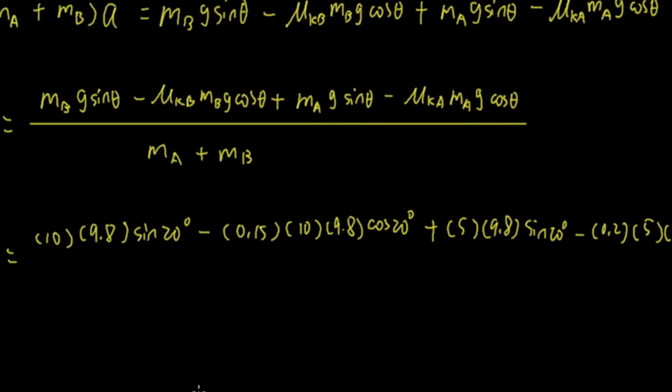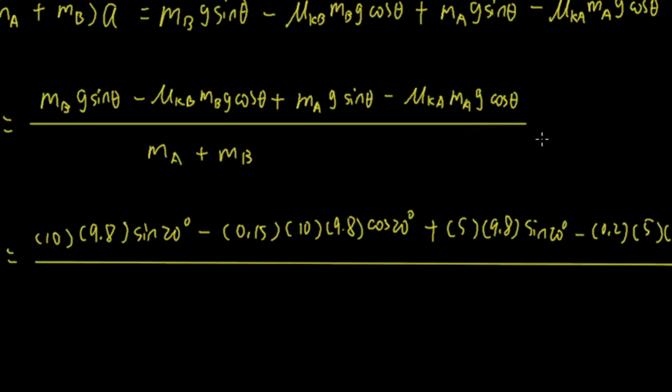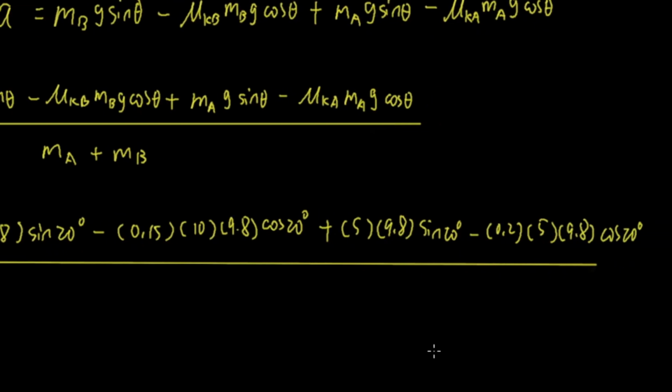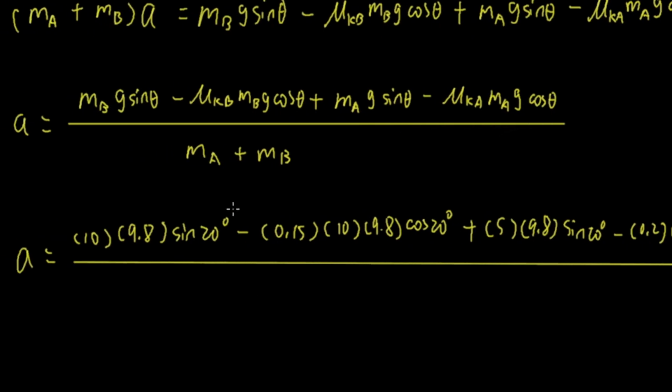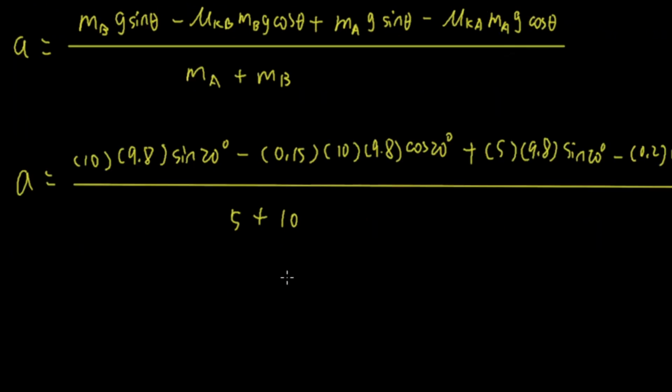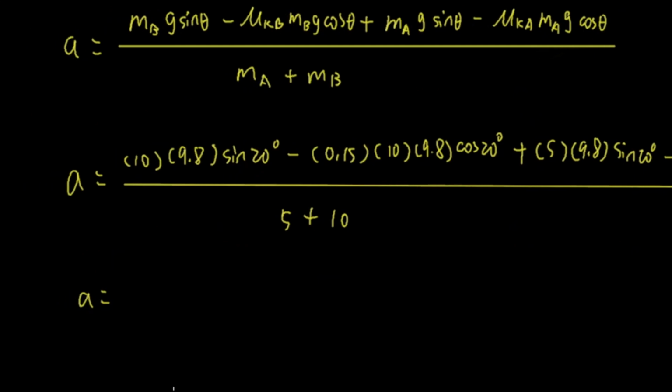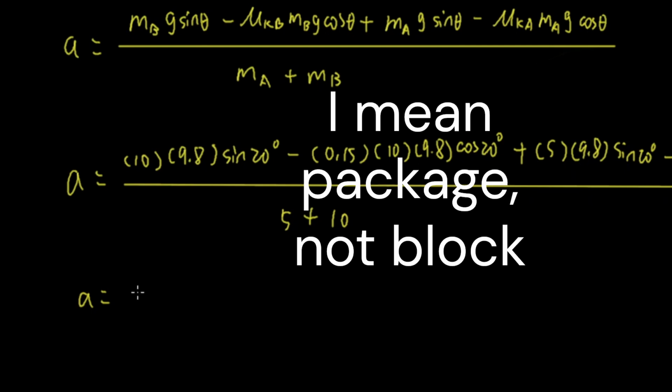And of course, all this divided by the two masses, which is 5 plus 10, right? And of course, if you put that into a calculator, the value for the acceleration of the two blocks would be 1.82 meters per second squared, approximately.